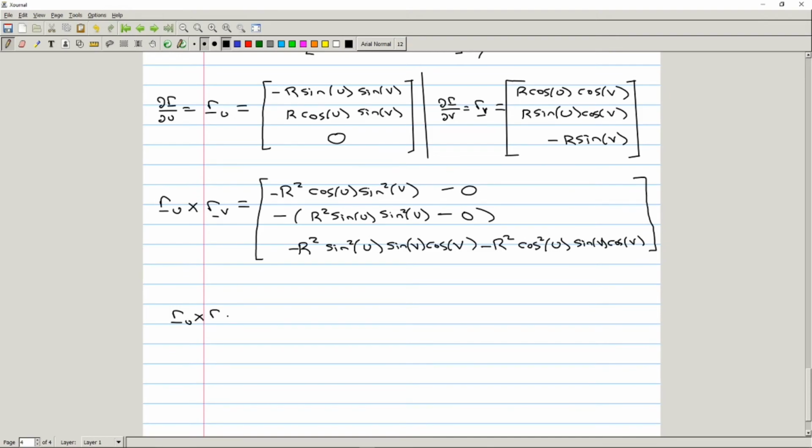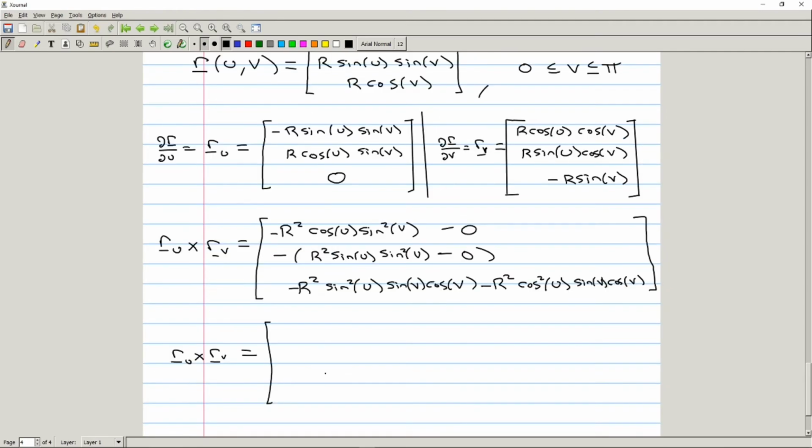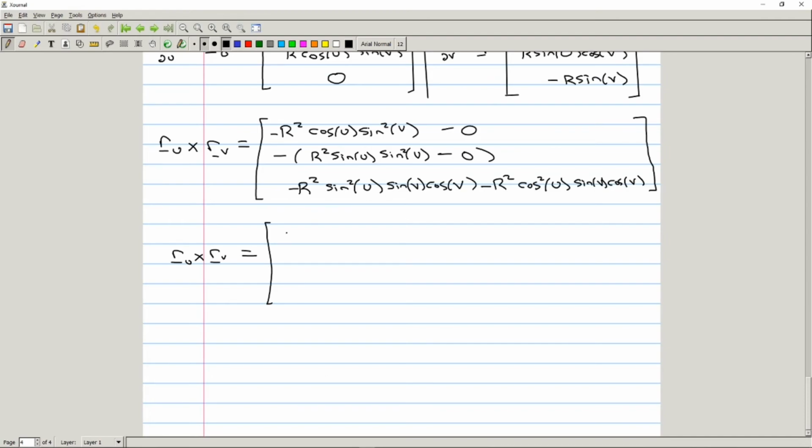So this is exactly that normal vector as a function of u and v. It's going to be negative r squared cosine of u sine squared of v. And we can actually bring the negative r squared out, because it's common to each term here.